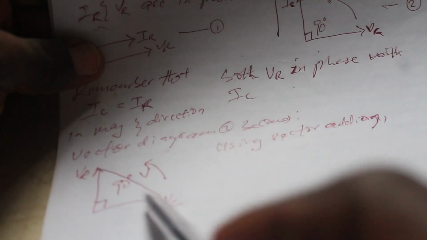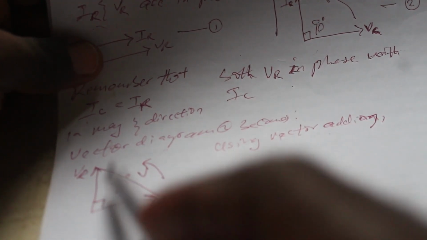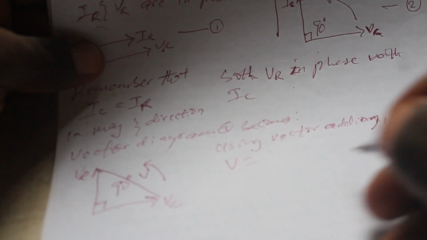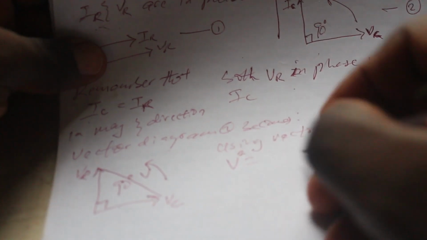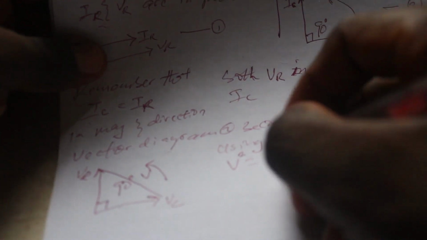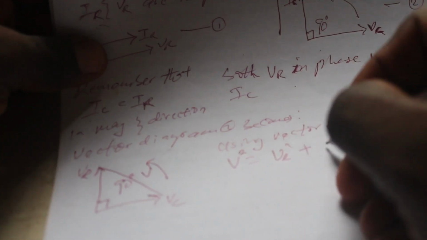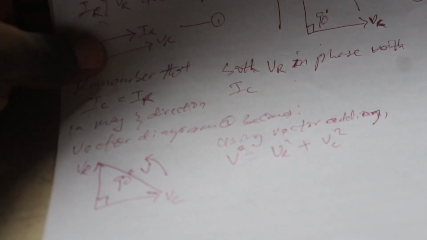If two vectors are perpendicular to one another, then their sum total will become the square root of the sum of the squares of each of them. So we have VR squared plus VC squared.